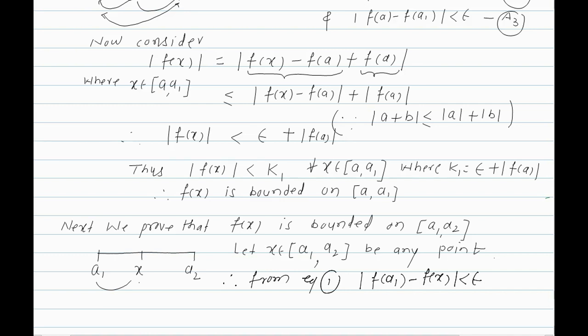Similarly, f of x minus f of a2 is also less than epsilon, and for the third pair a1 to a2, the difference f of a1, f of a2 is also less than epsilon.